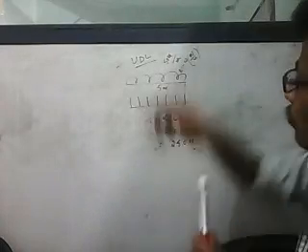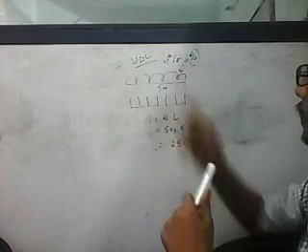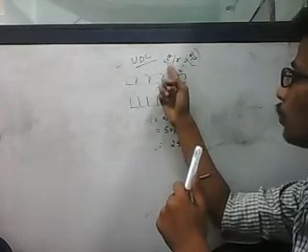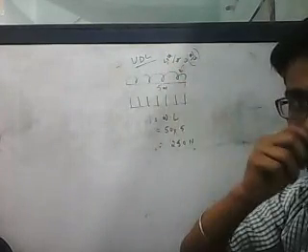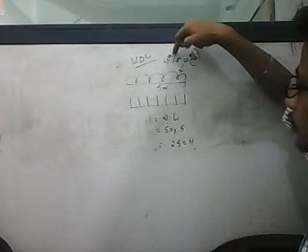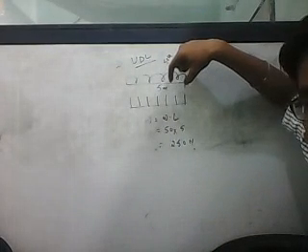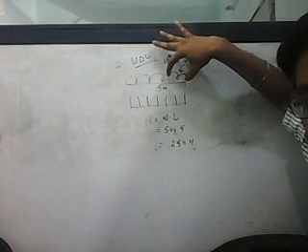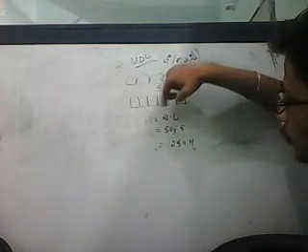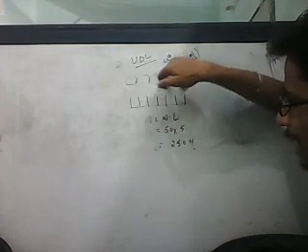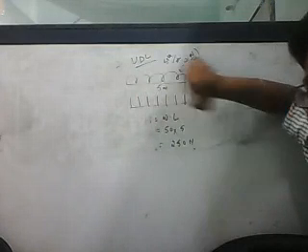Right now, what is this and what is this? This is the loading on 1 meter length. Small w is the loading per unit meter, and this one, 250 Newton, is the loading on the entire length of the beam.